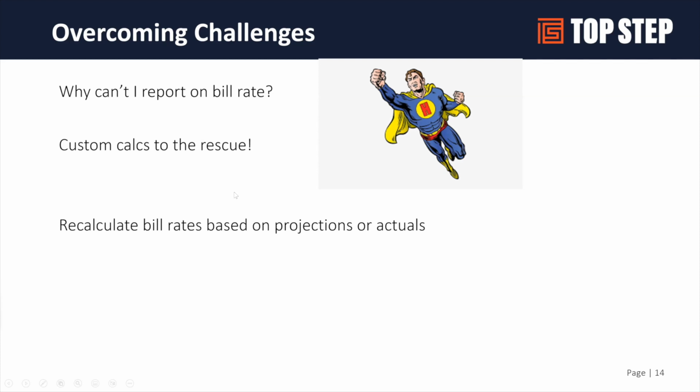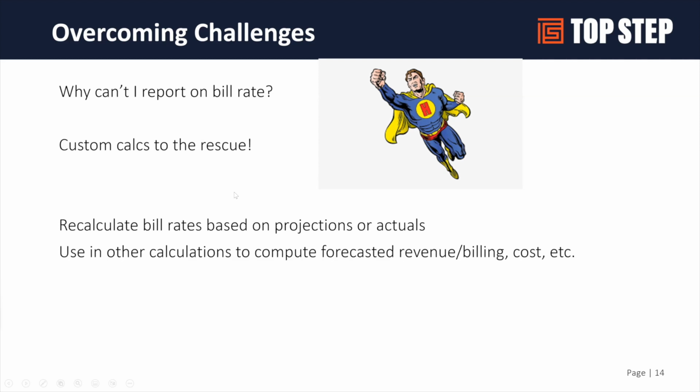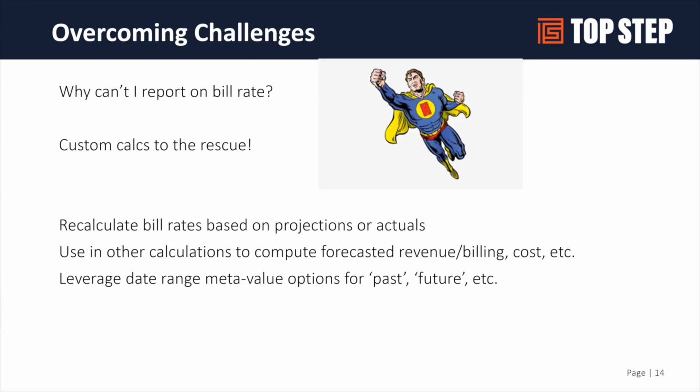Unfortunately, it's not, and this is where custom calcs become a real benefit to pulling that into data. And once you create a bill rate custom calc, you can actually use that in other custom fields. So if I create bill rate, now I can display that in my reports. I can also apply custom calcs to that bill rate if I need to. So it becomes a usable value in reporting.